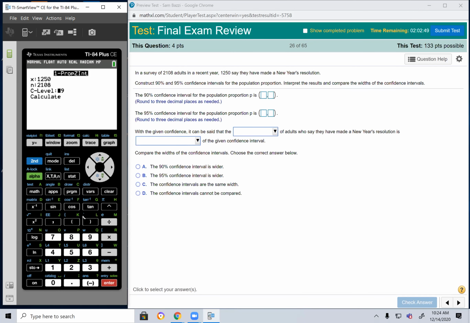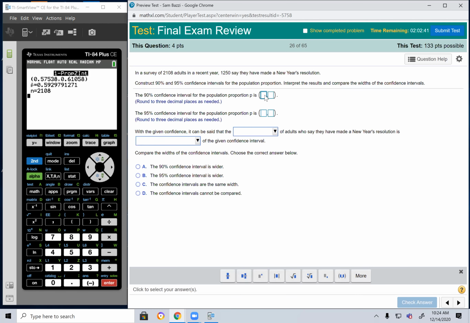Confidence level, let's start with 90. There you go. Round to 3 decimal places, so 0.575 and 0.611. Now 95% confidence.